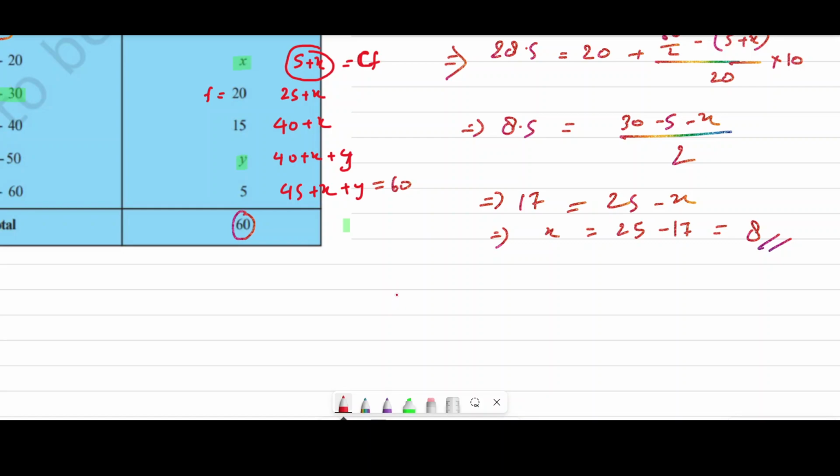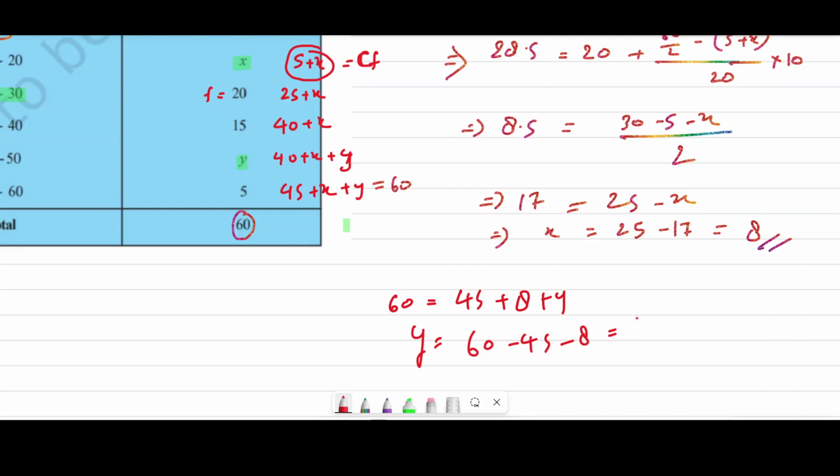Now 60 equals 45 plus x, which is 8, and y. Then y will be 60 minus 45 minus 8. Then solve it.